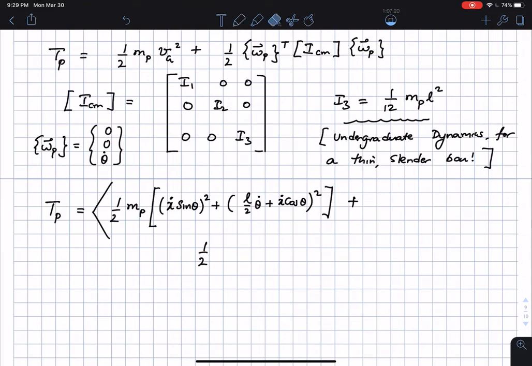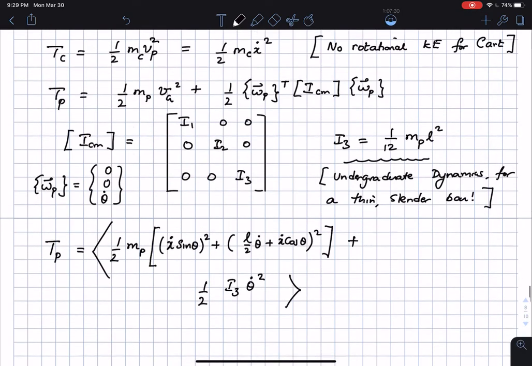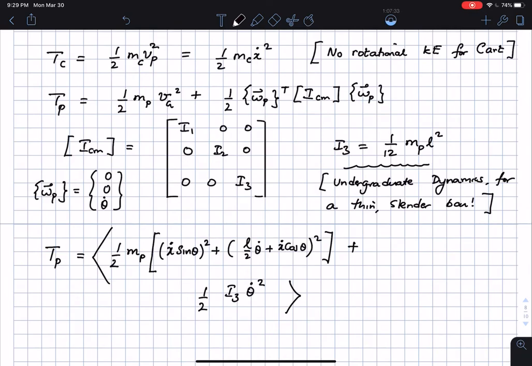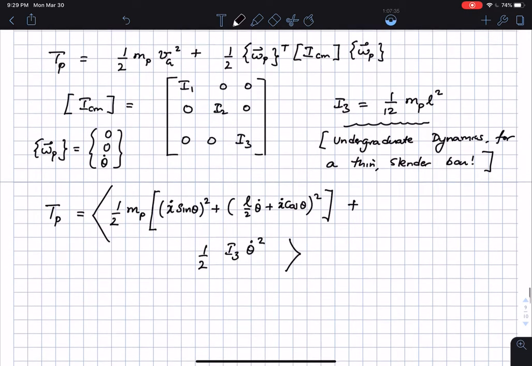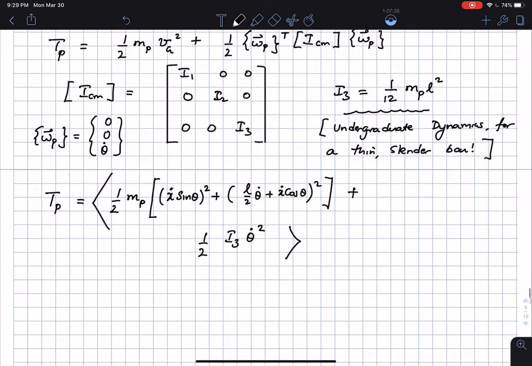This is going to be times I3 times theta dot squared, okay. This is what will be obtained, and this is something that you can actually see by doing the multiplication, so I'll skip that particular step. So this is obtained from half omega pendulum transpose ICM omega pendulum term, okay.